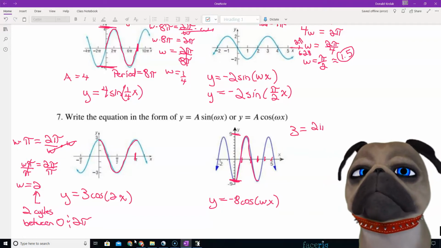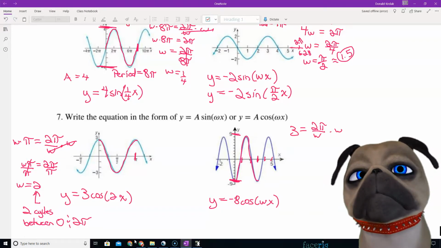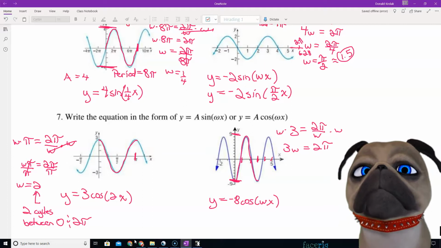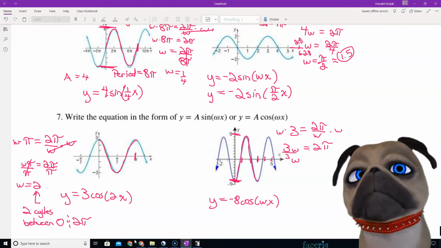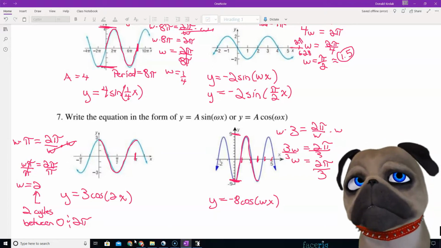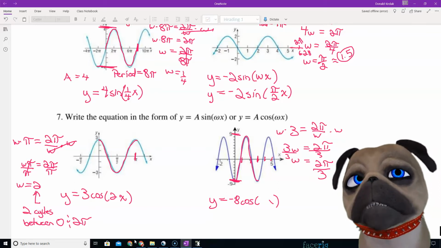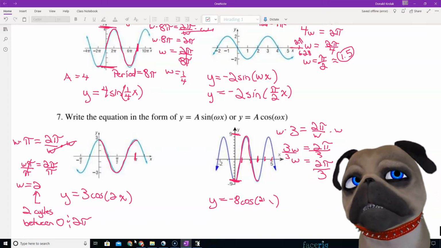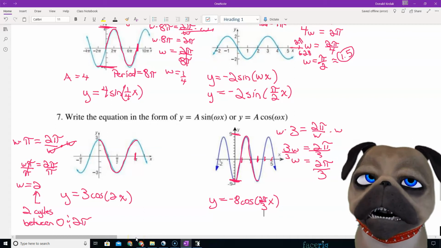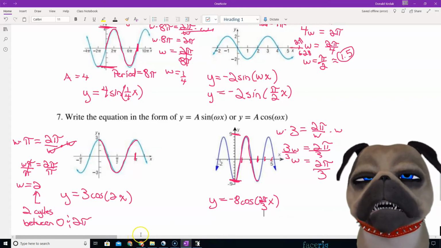So 2 pi over omega equals 3, and my omega is 2 pi over 3. So I take out the symbol omega and I put in 2 pi over 3 x. And that's how we write equations for sine and cosine.